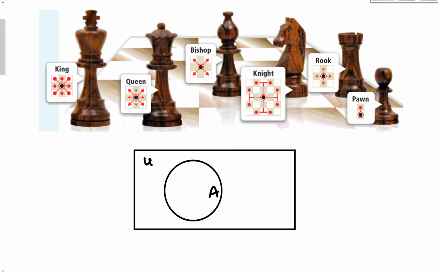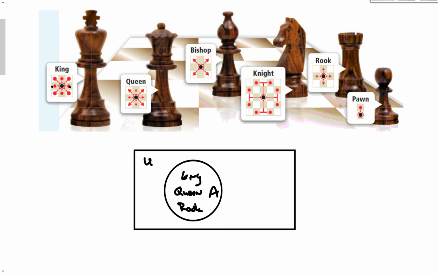If I look at this diagram, I can see that the king can move side to side, so that's going to be king. The queen can move side to side. Bishop, no. Knight sort of does this little weird L-shaped move. But the rook can move side to side.